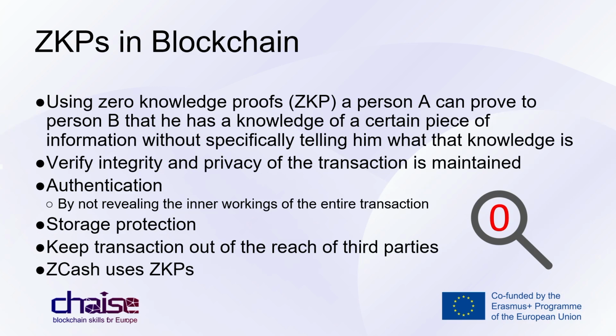This concept is still in use, and a lot of blockchain networks and platforms are using zero knowledge proofs because it has very sound and valid reasons while performing transactions in the blockchain network.